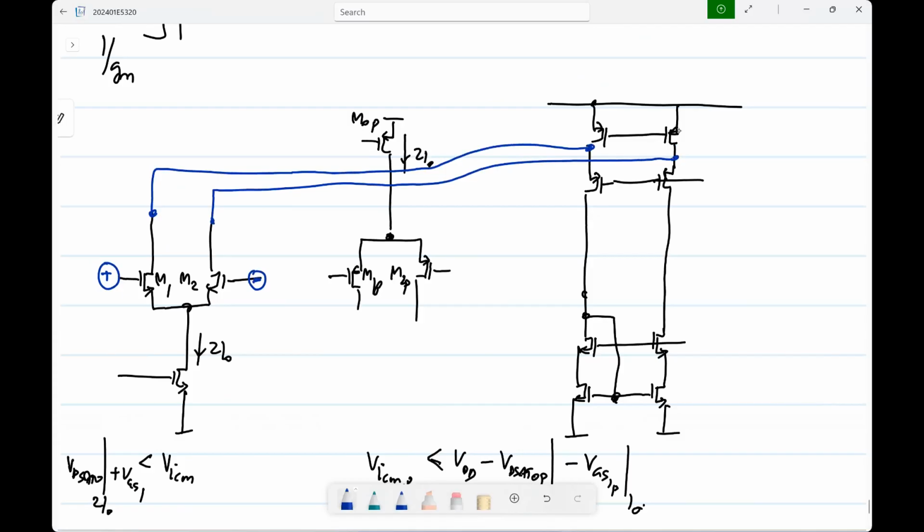Okay, you can connect that there, and you can connect the other one.